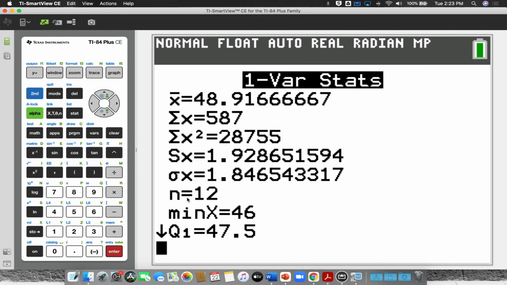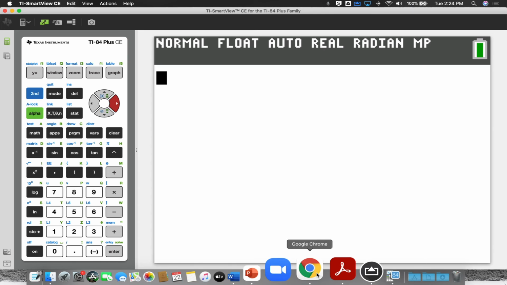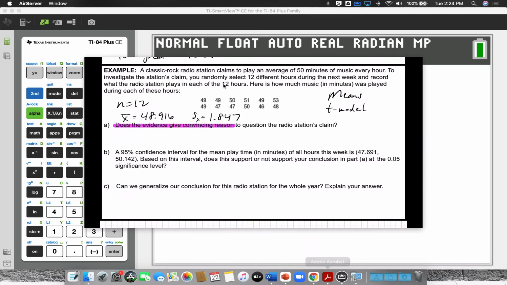Okay, so my mean is 48.916. Standard deviation of 1.847. Oops. Okay.